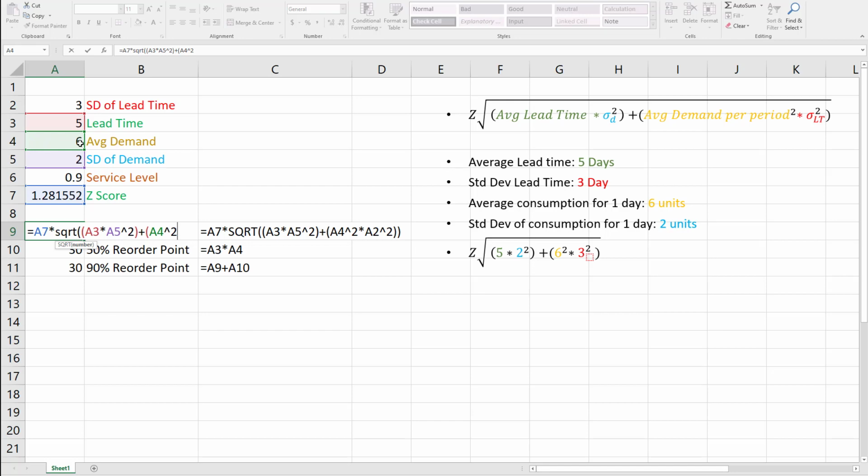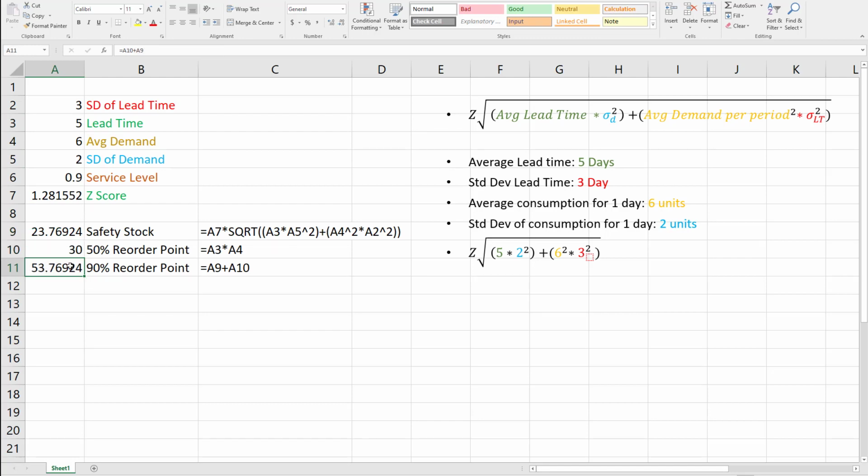And then we add that to, open another bracket here, our average demand, and again, squared, there's a lot of squaring in this one, times standard deviation of lead time, and this one is squared again. So you can see all of our brackets line up, and we've got to use that double bracket because we're taking the square root of that entire thing. Right? And there we go.